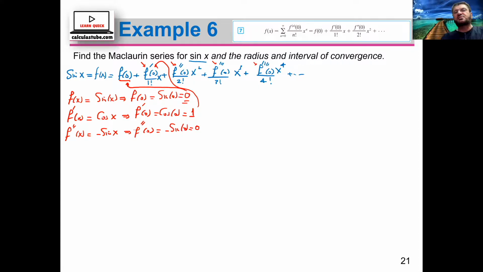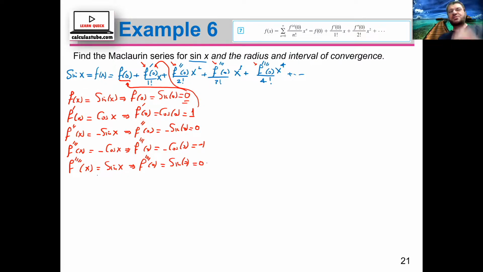And we know that sine 0 is 0. f triple prime of x is minus, the derivative of sine is cosine x. So f triple prime at 0 is equal to minus cosine 0, which is negative 1. Finally, the fourth derivative of x is sine x, as you know. So this implies that the fourth derivative at 0 is sine 0, which is 0.